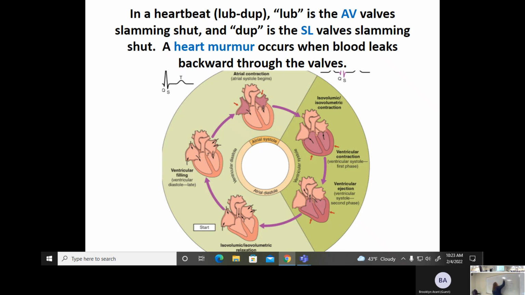And then also the words lub and dup, but I might have them separate on the order of the list. Like one of the things might be the sound lub happens, or atria are contracting, or ventricles are in diastole.